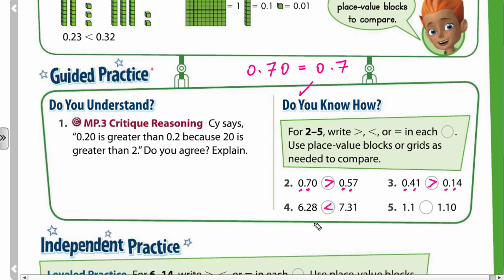Because it has more numbers. Okay, we can say that simply because the whole here is 6 and 7. So 7 is greater than 6. So we don't compare the decimal parts. Okay, excellent, my hero. Great work.